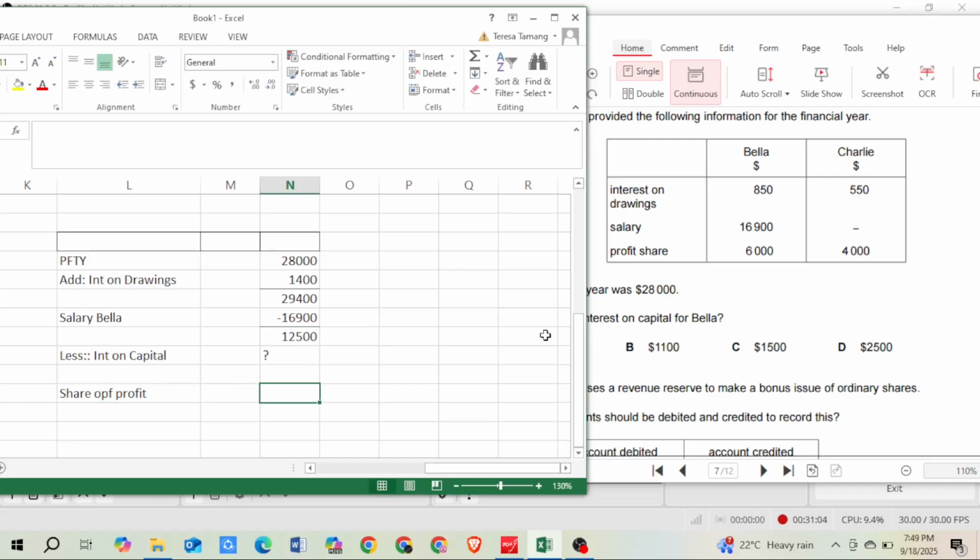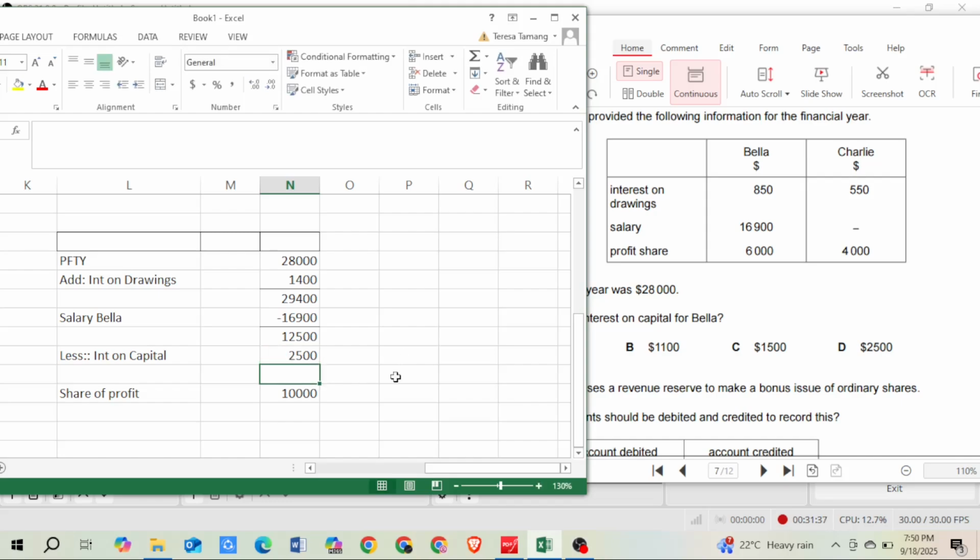The share of profit we know for both the partners is 6,000 and 4,000, so altogether 10,000. So that means the interest on capital must be 2,500, because if I subtract 2,500 from 12,500, then the share of profit is 10,000.